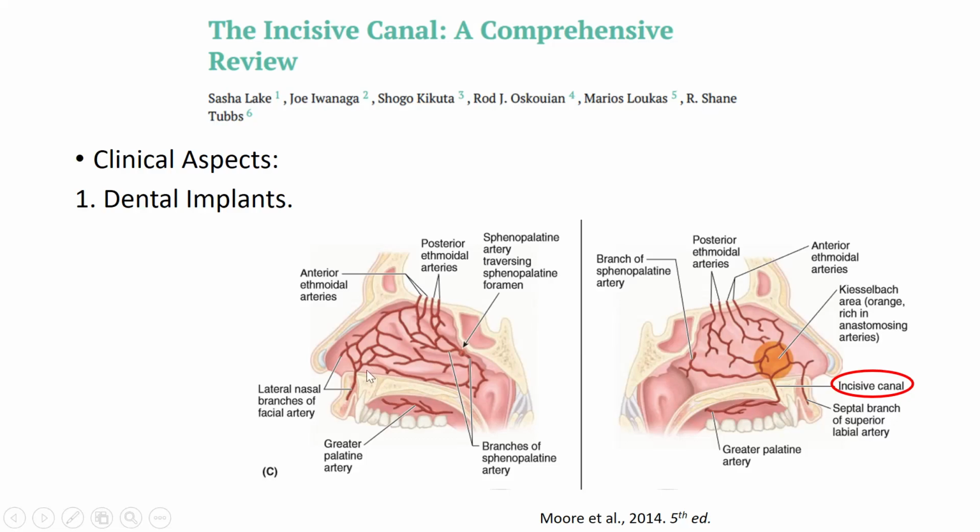And what is running here? The nasopalatine nerve, the nasopalatine artery, or also known as sphenopalatine artery, and they can be damaged during restorative dental procedures. So there is a risk of sensory loss to the anterior palate due to damage of the nasopalatine nerve. The success of the dental implant in the anterior part of the maxilla is highly dependent on the anatomy of the incisive canal.